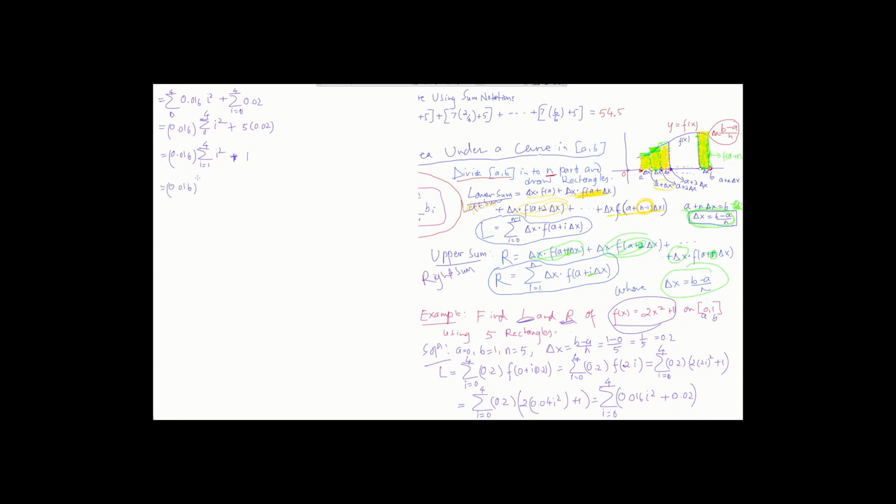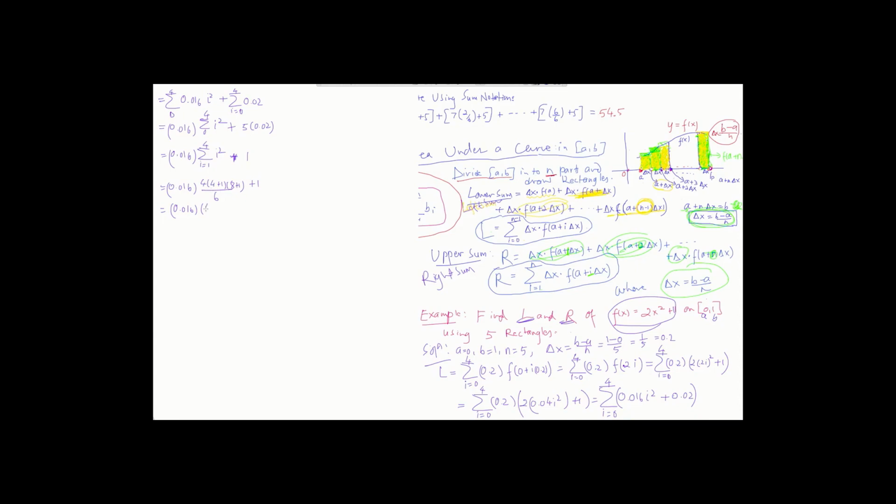Okay. So 0.016. What is the formula? Here there are only 4 terms, right? 1, 2, 3, 4. That's why 4 times 4 plus 1 times 8 plus 1, that is 2n plus 1, over 6, plus 1. You see that? So this will become 0.016 times, and then what?